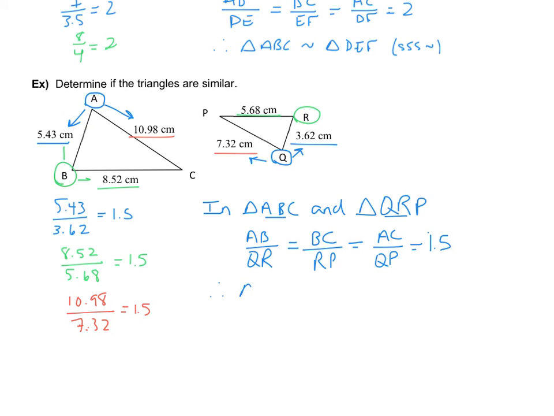So therefore, our triangles are similar by, triangle ABC is similar to triangle QRP by side, side, side similarity. All right, so that's your goal for homework, is to use these.